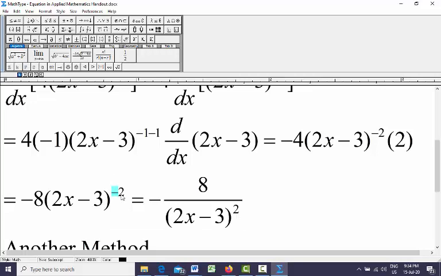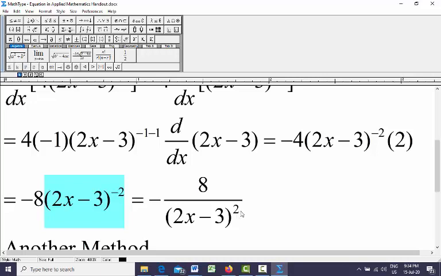If you want to remove this negative power from the answer, as I said before, you need to move the base along with the power to the denominator without the minus sign.